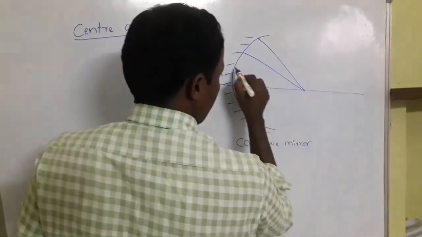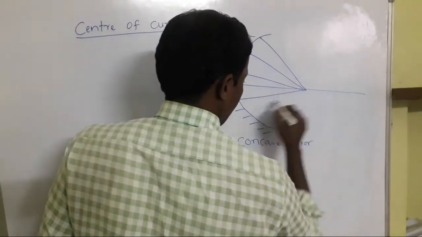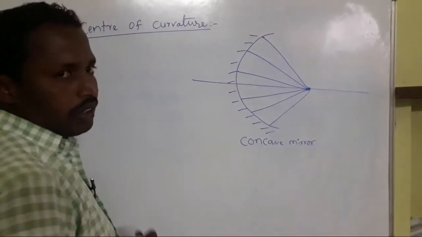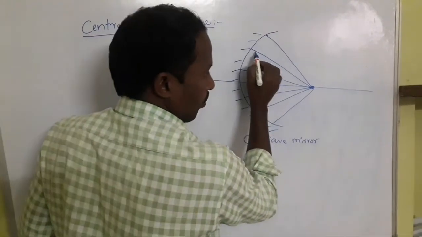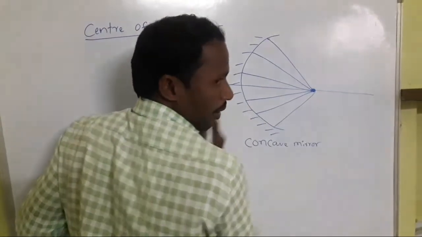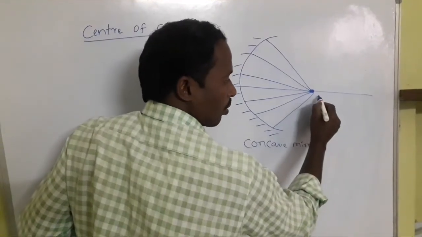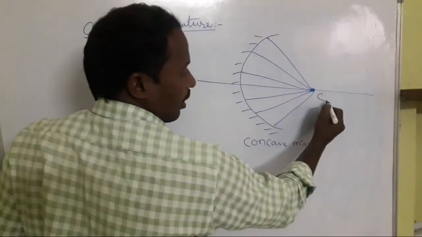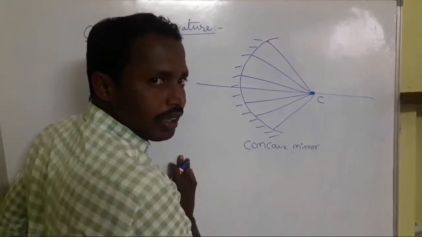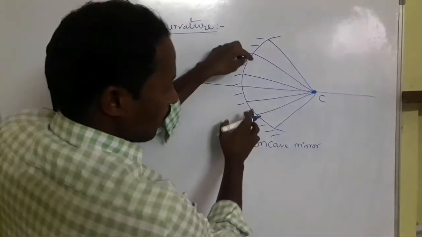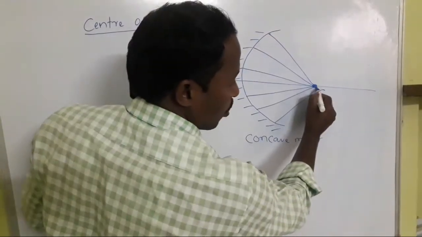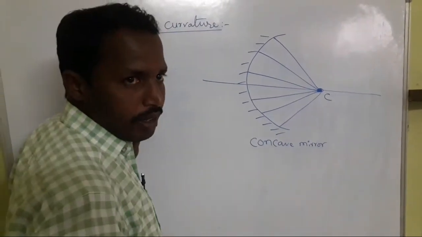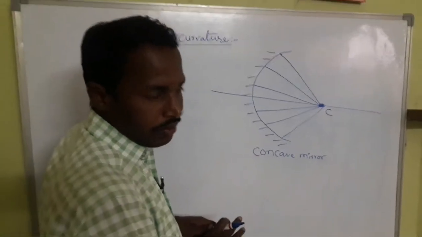What is the definition of the center of curvature? The point where all the normals converge is known as the center of curvature of the mirror. It is denoted by C.